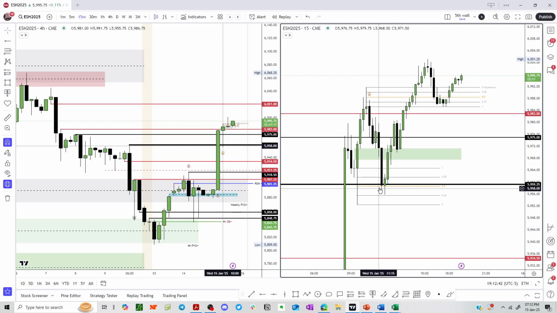So we have that pullback, and you see the bodies of the candles holding above this swing high, this resistance turned support, and we also have price holding above the consequent encroachment of the wick. Again, we didn't have a break in market structure because there's no structure over here to break, really, on this time frame.